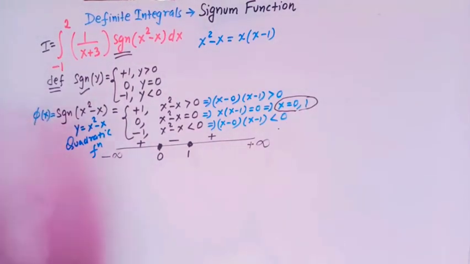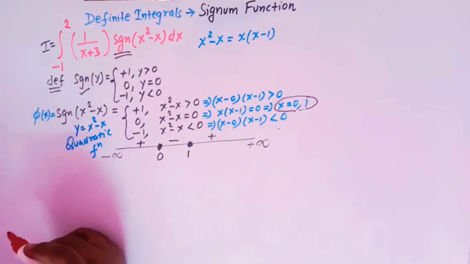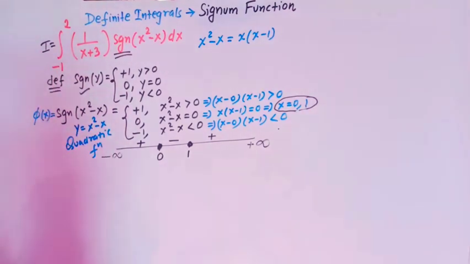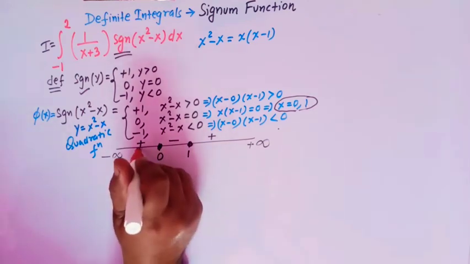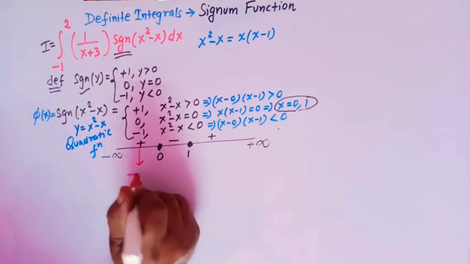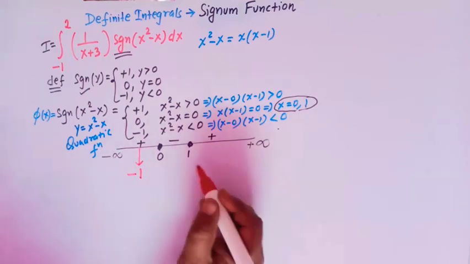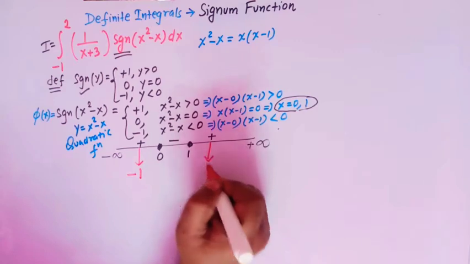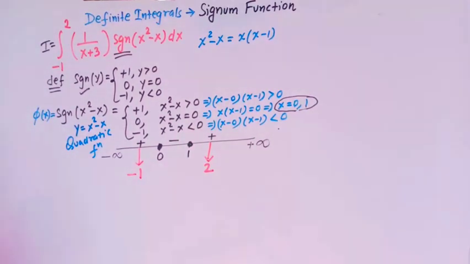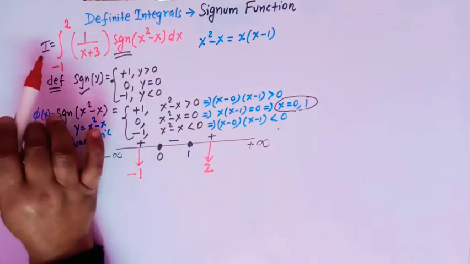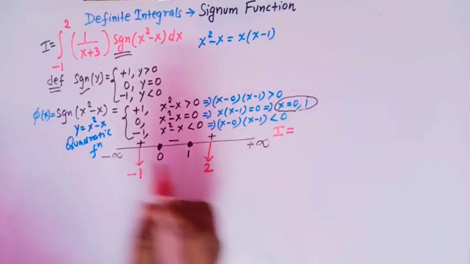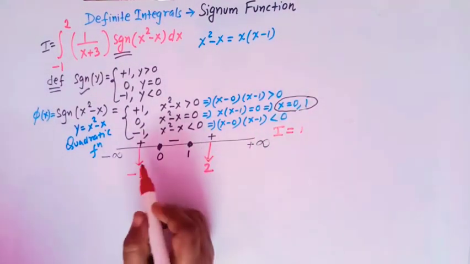So now viewers, let us come to our integral, right? Now here we see that the lower limit is minus 1, right? So minus 1 lies somewhere here, right? This is minus 1, and 2 lies somewhere here. Okay, so now what we see here, we have to split this integral I into the sum of three integrals.